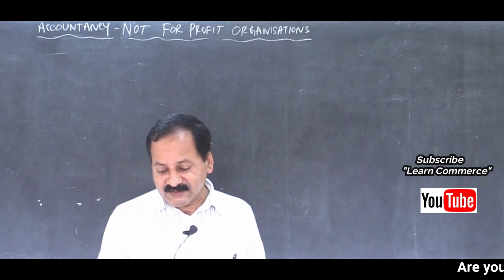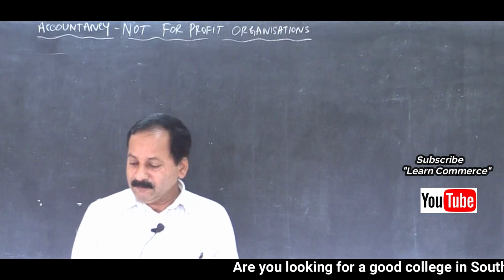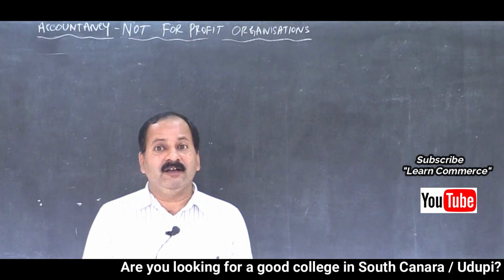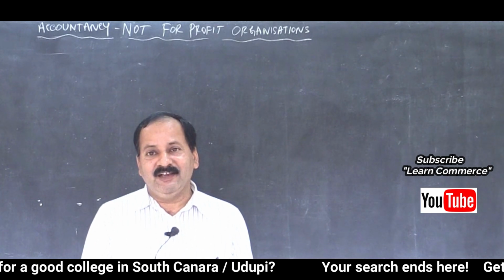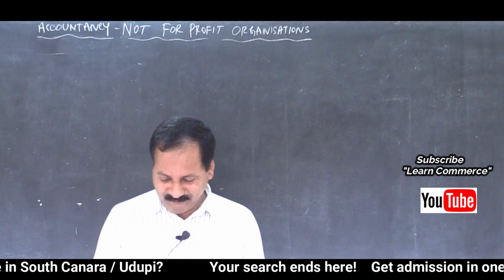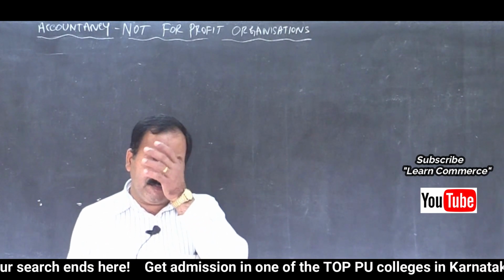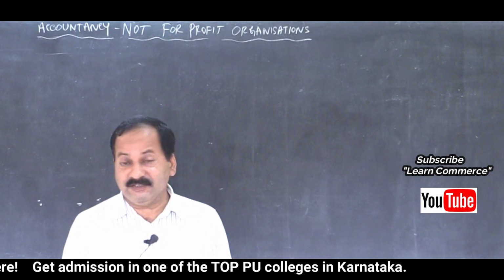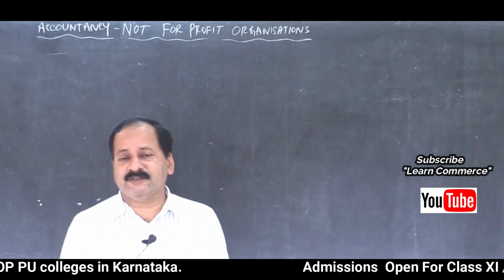Friends, in the previous class we have concluded dissolution of partnership firm. One chapter was remaining in part 1, that is the first chapter. I left it intentionally because compared to other chapters, it's very easy to solve, like dissolution. Death of a partner, even that is easy, 6 marks.